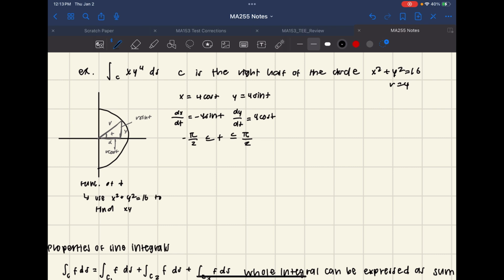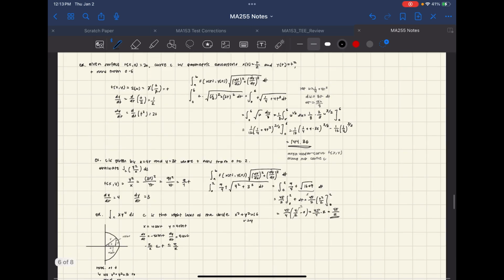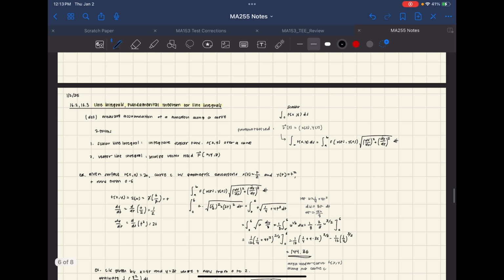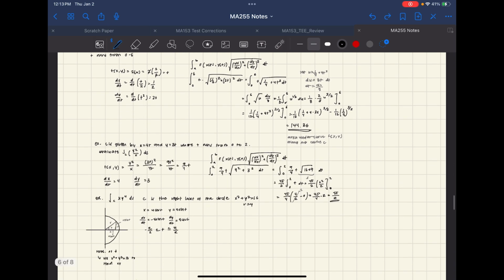Let's recall, like I mentioned earlier, with the scalar quantity, f(x,y) is your scalar function, and ds is the arc length differential, which measures the steps along the curve.